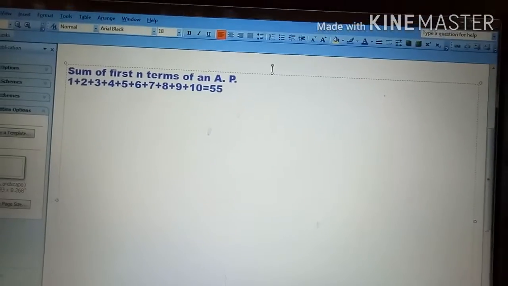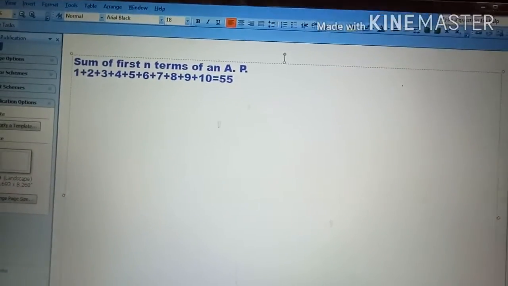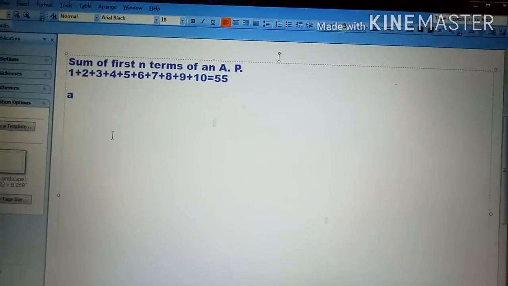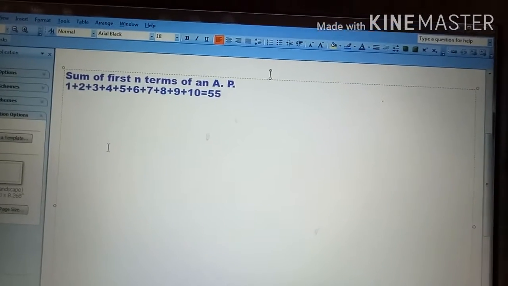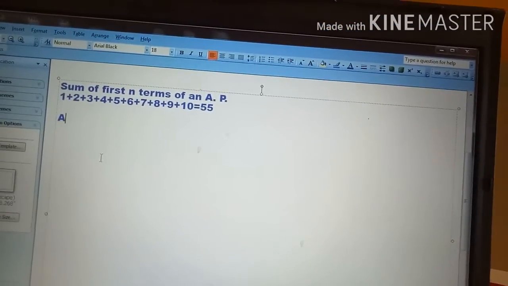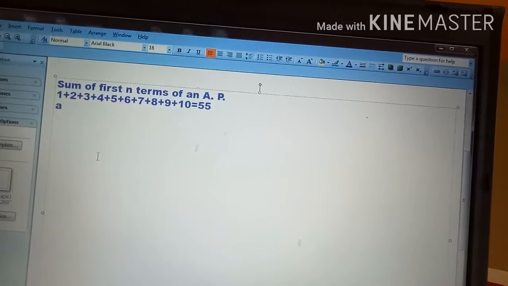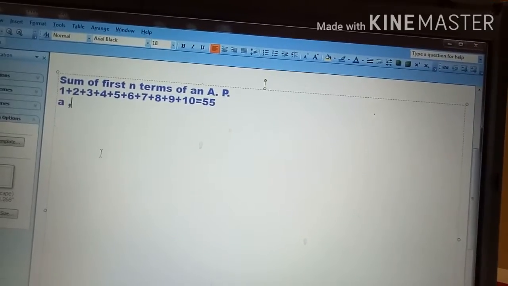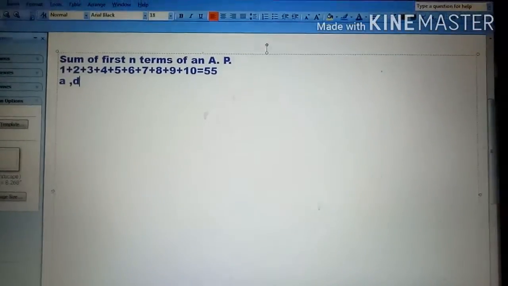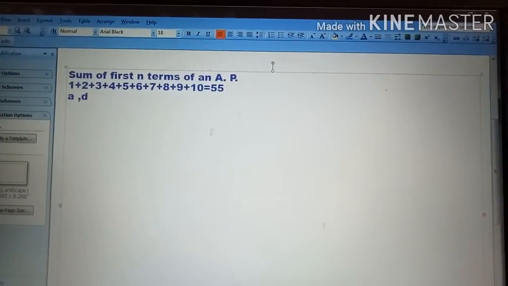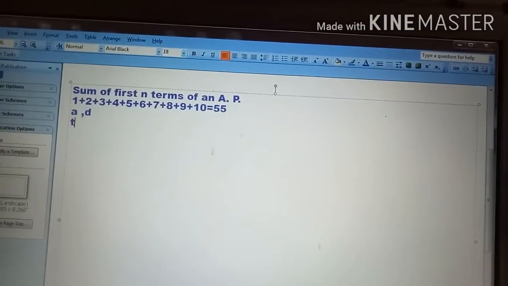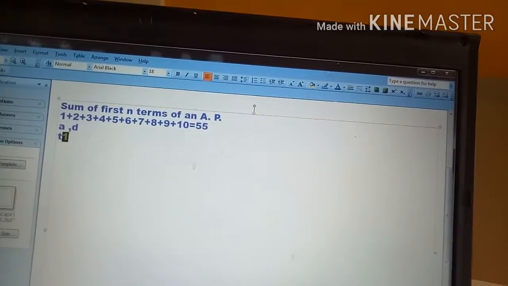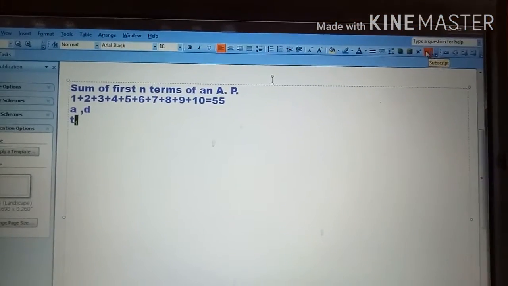You know very well that in any arithmetic progression, we consider a as the first term and the common difference as small d. So these two quantities we are going to use. Suppose the terms are t1, t2 and so on.